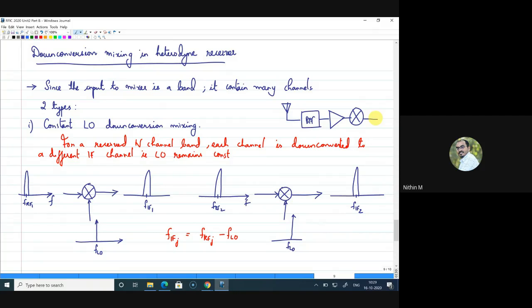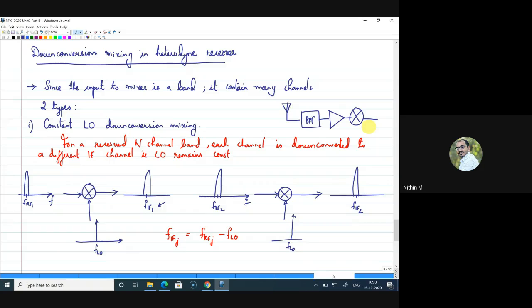But the problem with this is each RF channel is giving you a different IF, so the requirements down the receiver chain till the baseband will be varying, because the IF frequency is not at all constant.